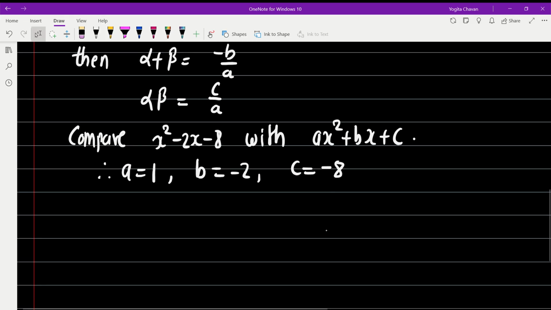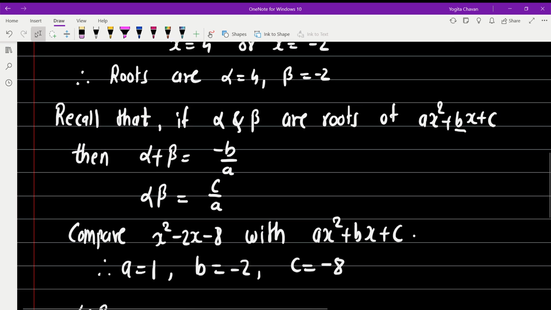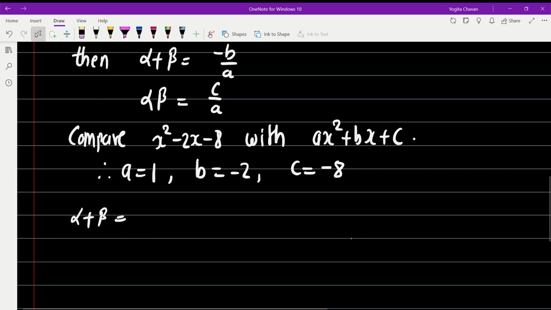Now what is alpha plus beta? Alpha plus beta is equal to, now our first root is 4, right? 4. So 4 plus beta, which is minus 2. So 4 plus minus 2 is equal to 2.